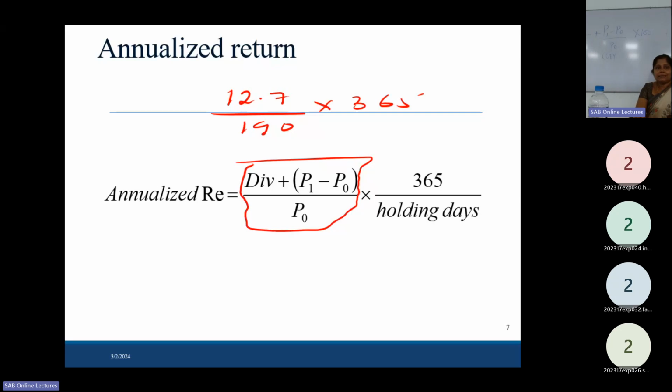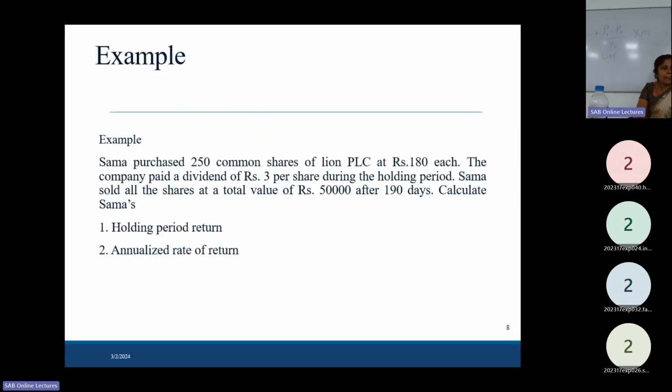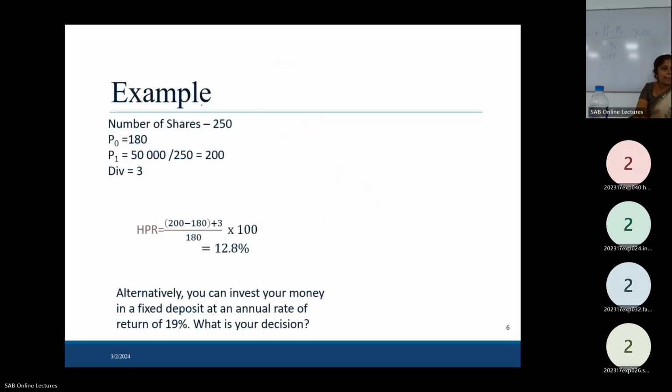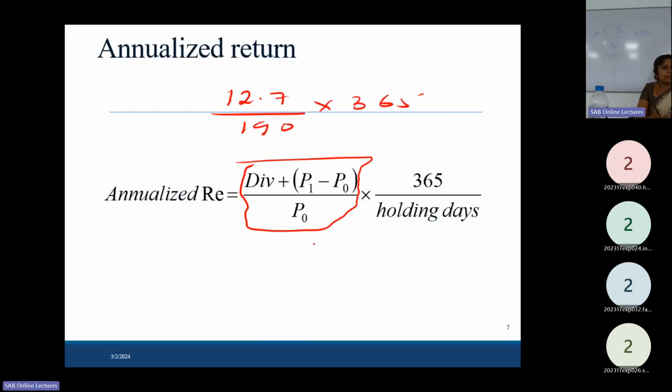So you can get the annualized rate of return. What is the annualized rate of return?